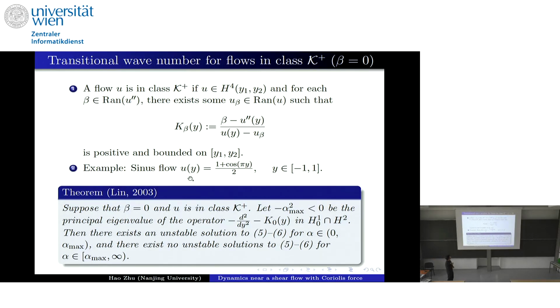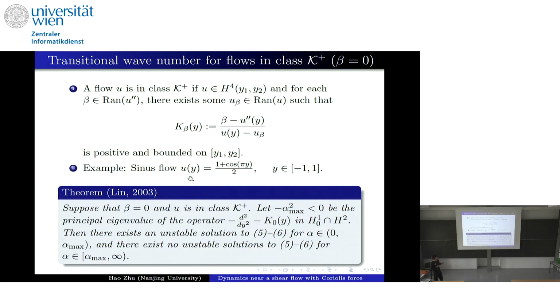It mainly means that for any beta in the range of the second derivative of U, one can find such a U beta in the range of U, such that this quantity is positive and bounded.